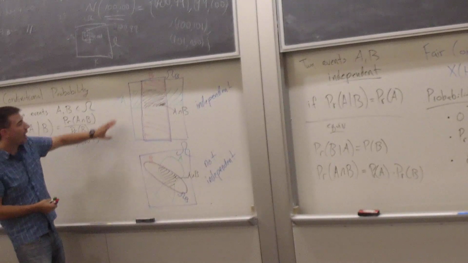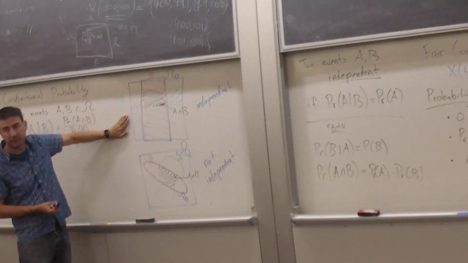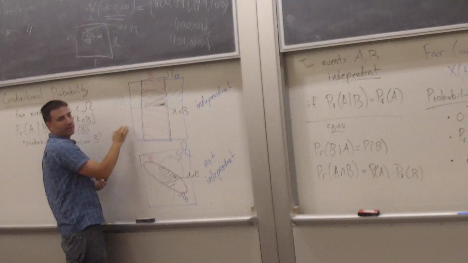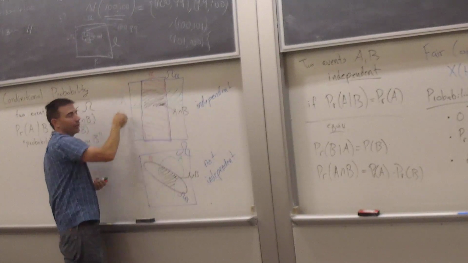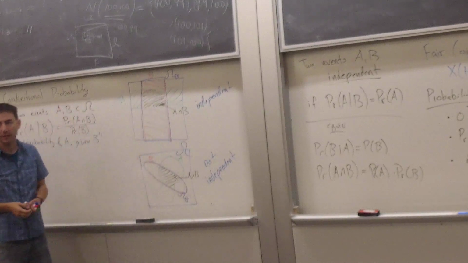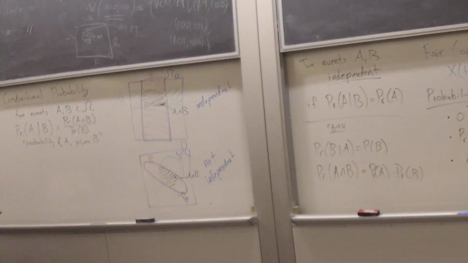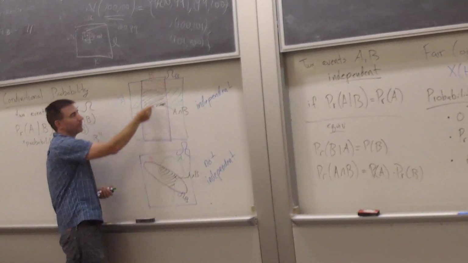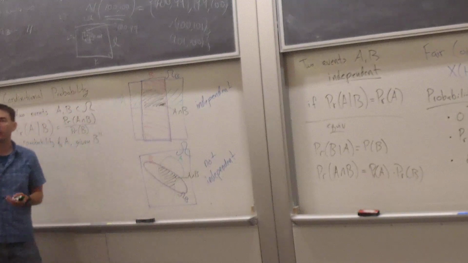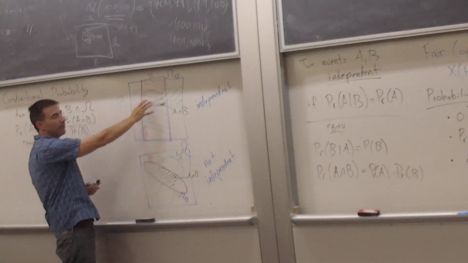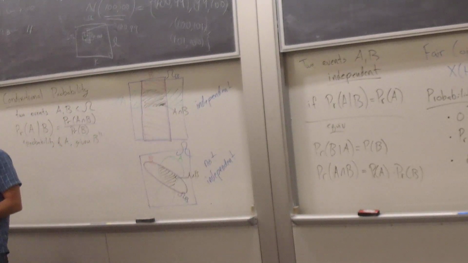Because I drew these nicely as these rectangles where A is an event that only controls the y value, and B only controls the x value. One way of thinking about it is that the x value does not control what the y value is. So think of this event space maybe as controlling two different things.